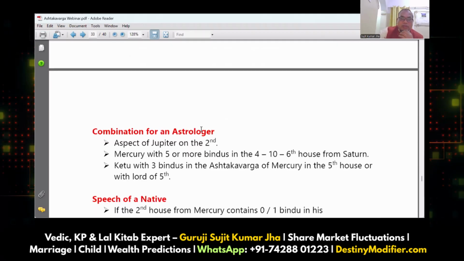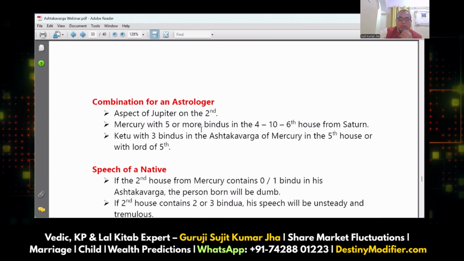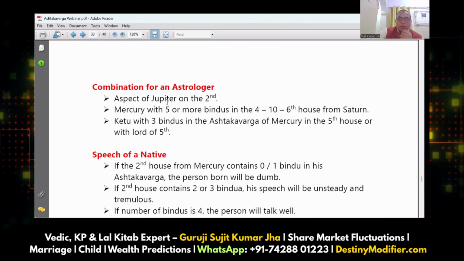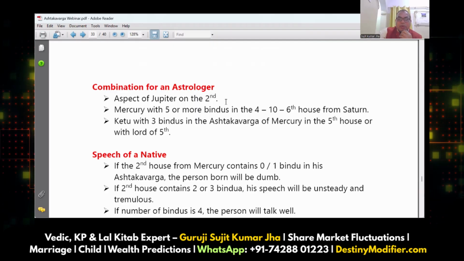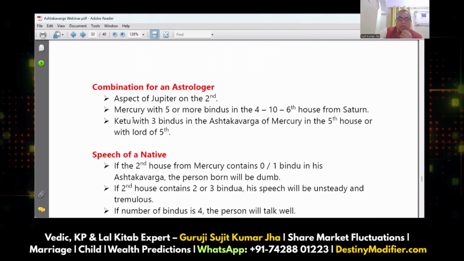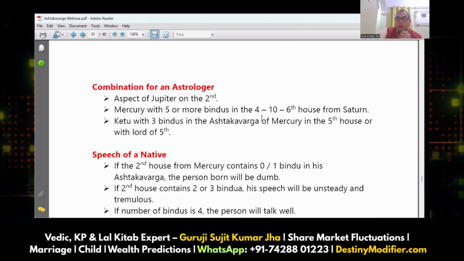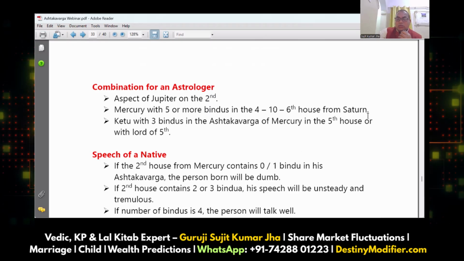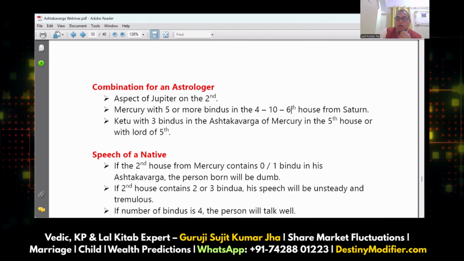Who can be a good astrologer? By Ashtakavarga, we can predict fast. How? If Mercury is aspected by Jupiter, or if Jupiter aspects the 2nd house. If Mercury has more than 5 bindu in the 4th, 10th, or 6th house from Saturn, it means from Saturn we have to check the 4th house, 10th house, 6th house.